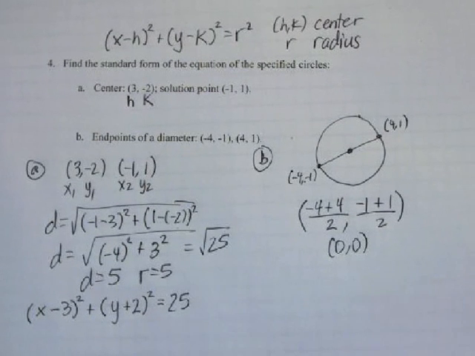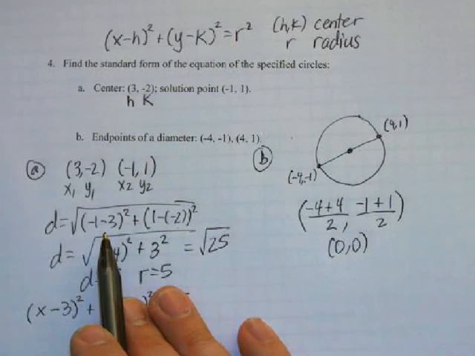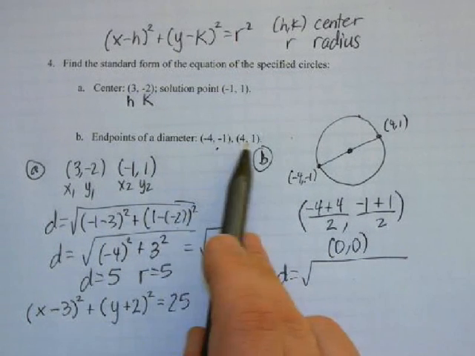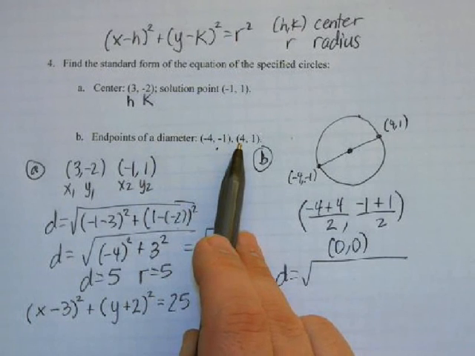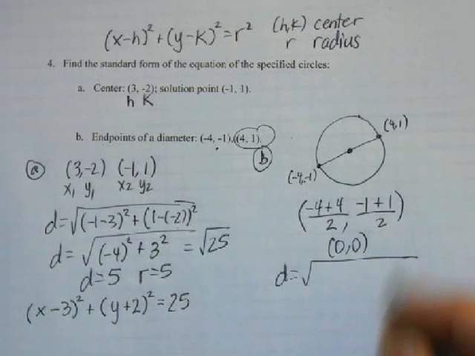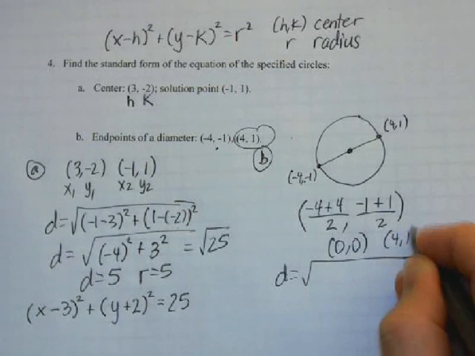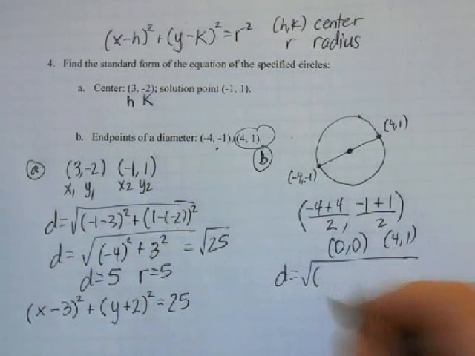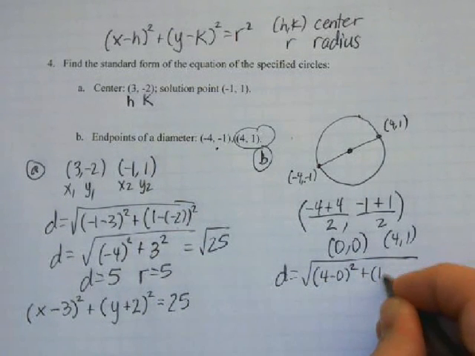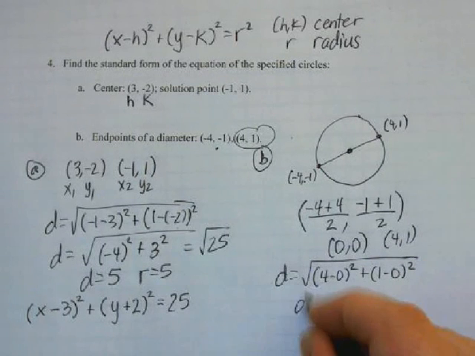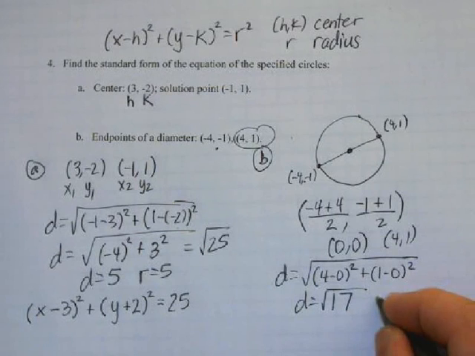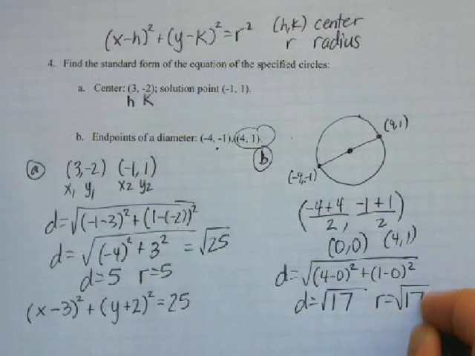So like I did with part A, I still need to find the radius. Now I've got 2 points to choose from to find the distance. I'm just going to go ahead and use 4, 1. So 4 minus 0 squared, 1 minus 0 squared. And so the distance is radical 17. So the radius is radical 17.